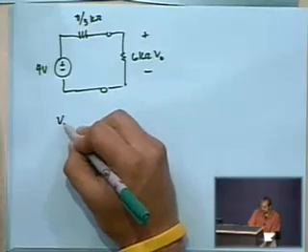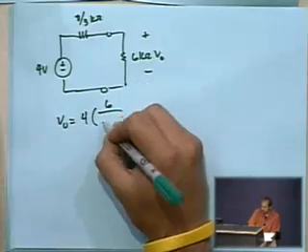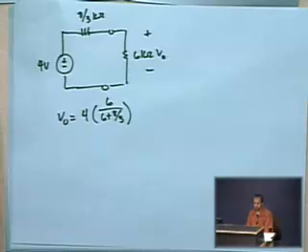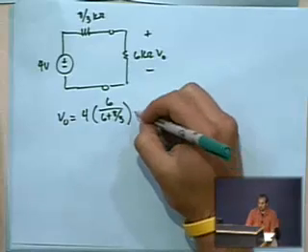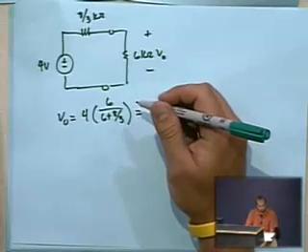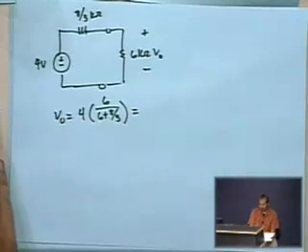So V0 equals 4 times 6 over 6 plus 8/3. And according to my notes, there's no answer. It just stops there, apparently. Cool.